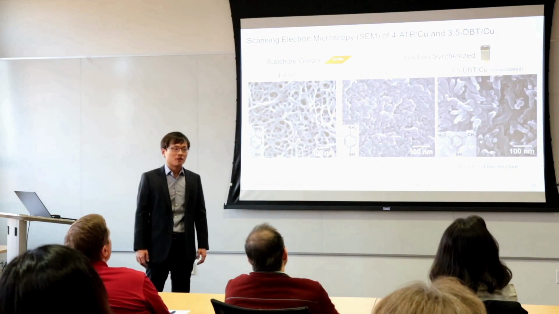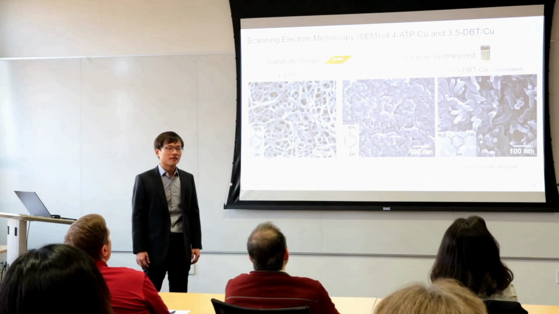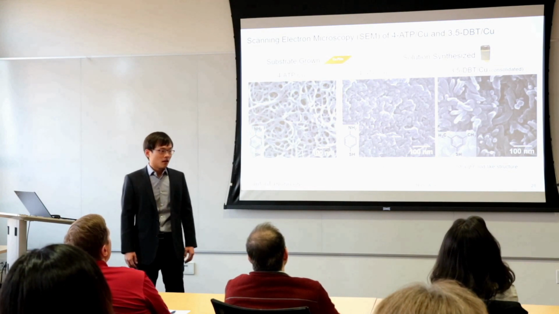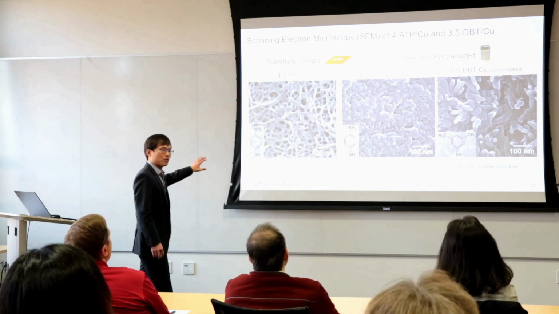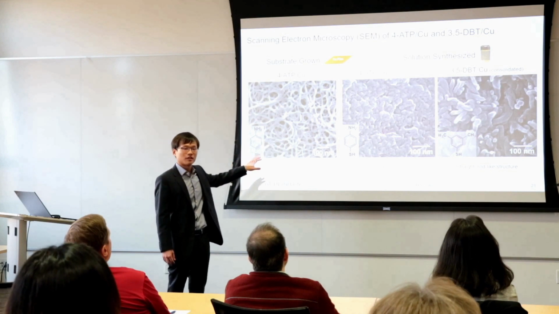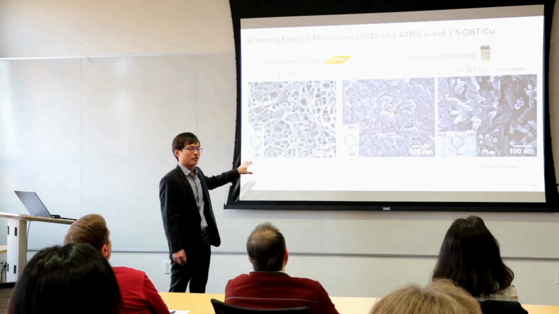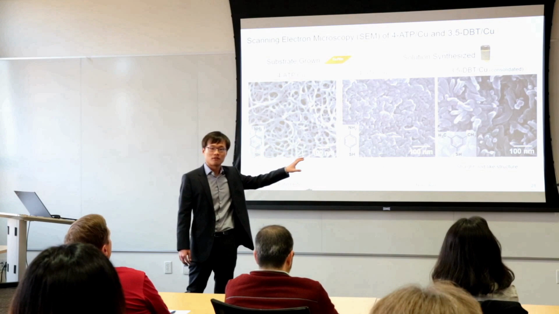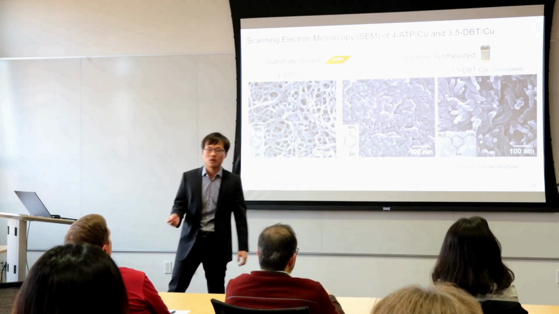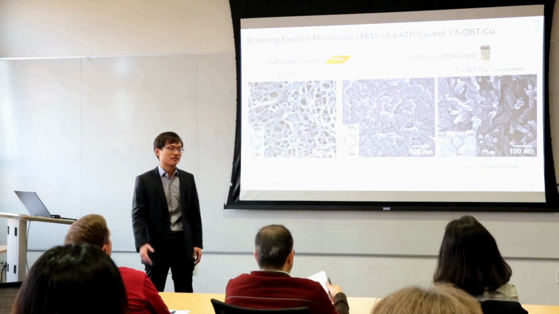Here are scanning electron microscopy images of the products that we formed. On the left is the 4-ATP copper product formed by the substrate method, and on the right are two images showing the products formed by the solution synthesis.